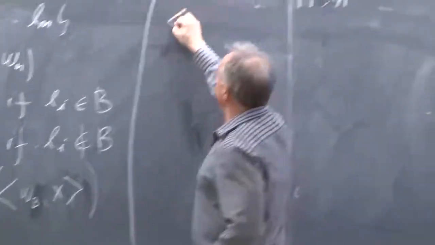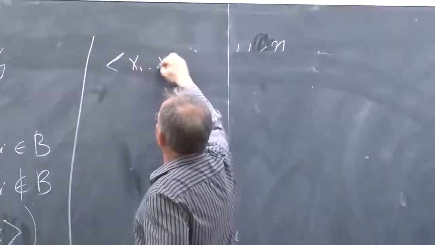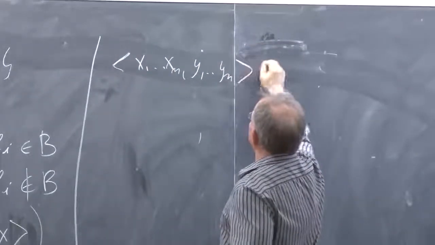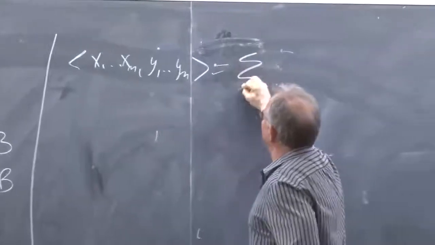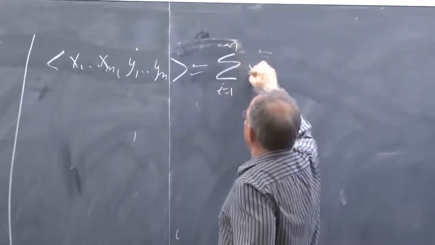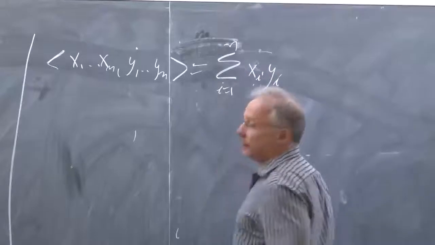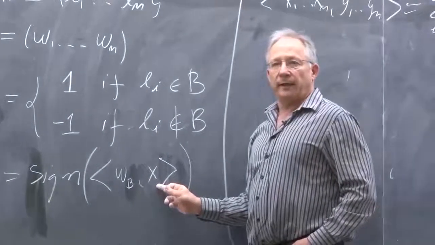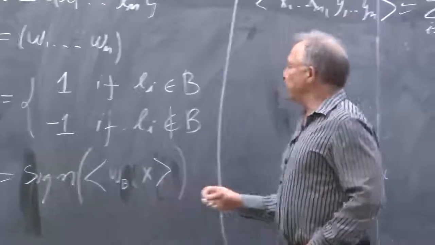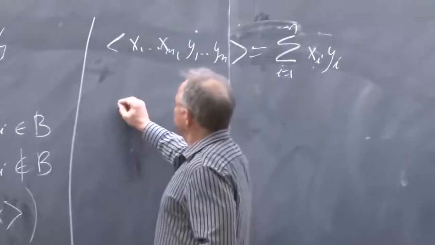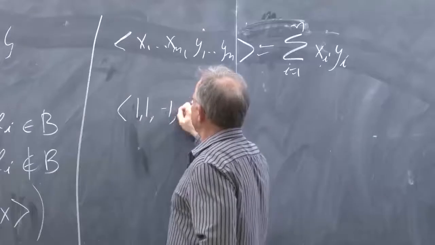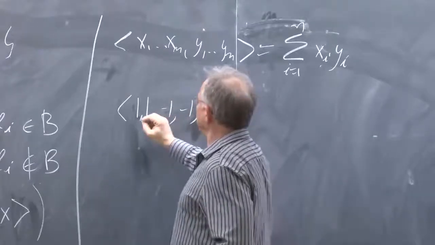Right? So in general, the dot product of x1 to xn with y1 to yn is the sum of i goes from 1 to n of xi yi. In our case, one vector is this vector of weights. The other vector is my vector of the point. And now I take my weight vector, WB. So WB looks like 1, 1, -1, -1, 1, 1, and so on.